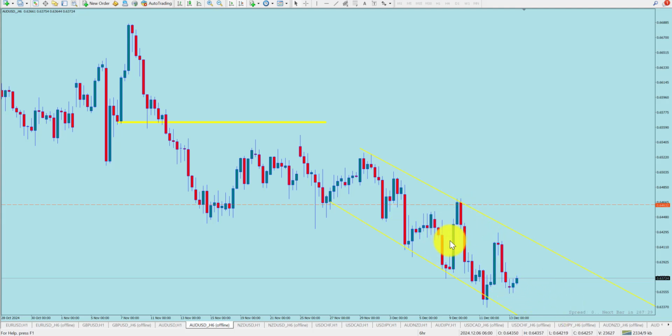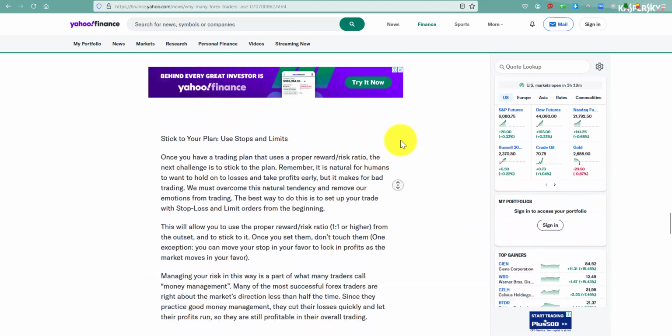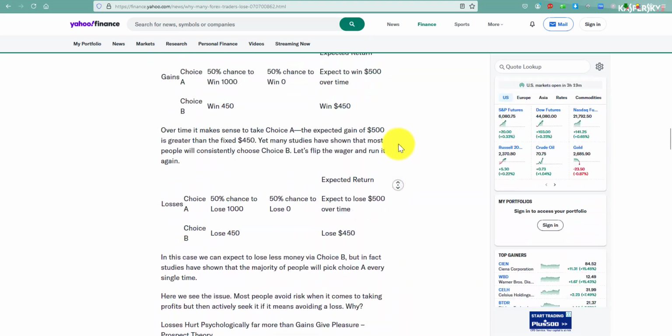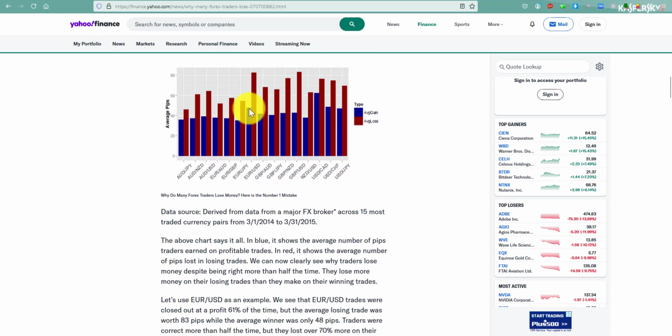And so what's happening, the reason why when you look at the retail Forex traders data here, all of their winners are so small, as we saw right here, the winners are the blue. So what are we looking at? Aussie? Okay, here's your Aussie right here.